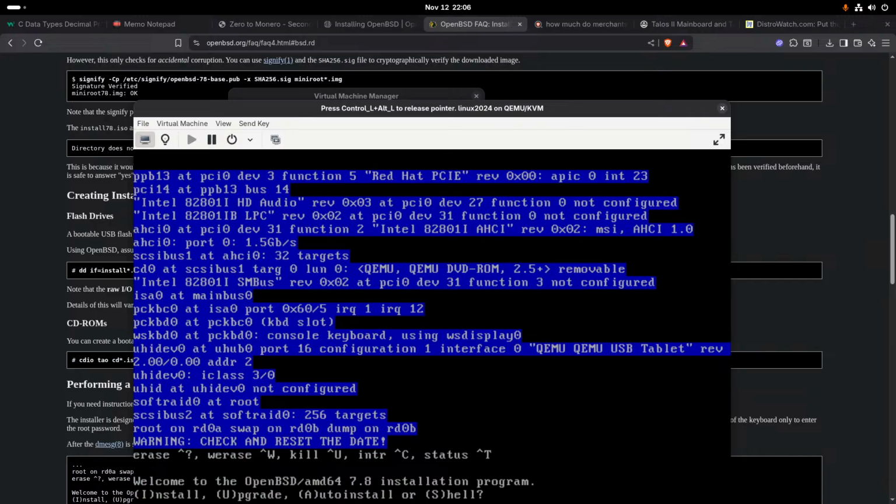Install, auto install, or should I just do auto install? The fuck?